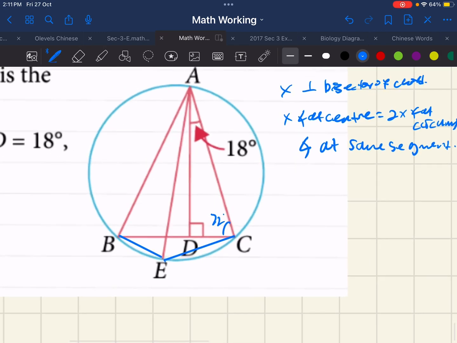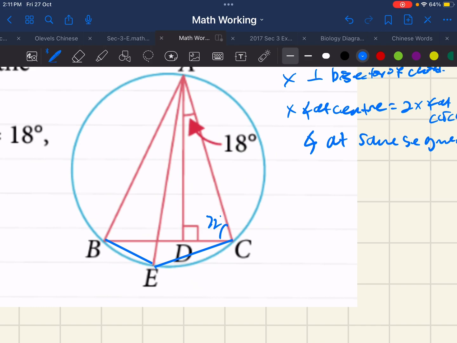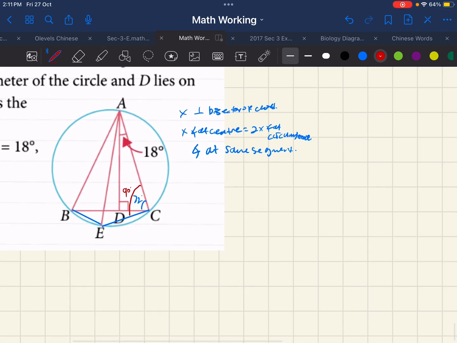Then do I know this other angle? It's 90 degrees. So angle ECD will be equal to 90 minus 72 degrees. There's no reasoning for this. 18 degrees.